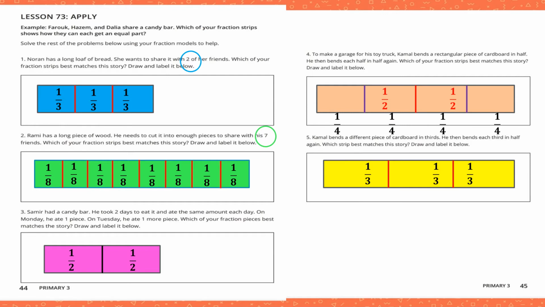Then he cut each third into half, like this. So the total parts are 1, 2, 3, 4, 5, 6. Or we can say we have 3 parts in the first, then we cut each part into halves. It means 3 times 2 equals 6. So we have 6 parts. Each part will be 1/6.